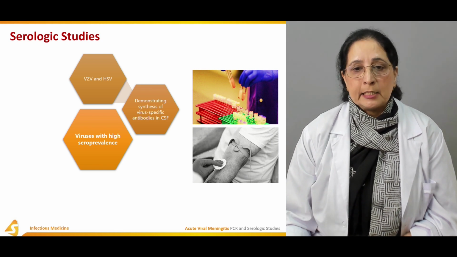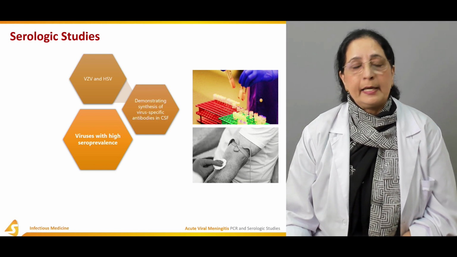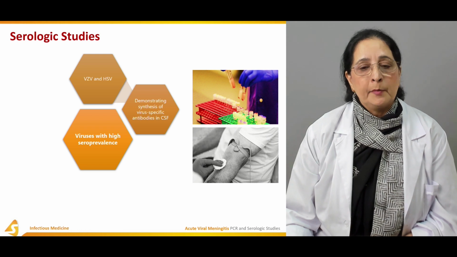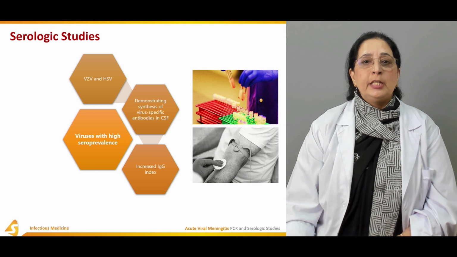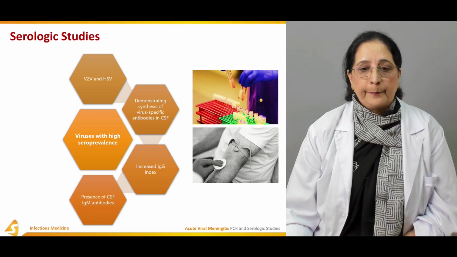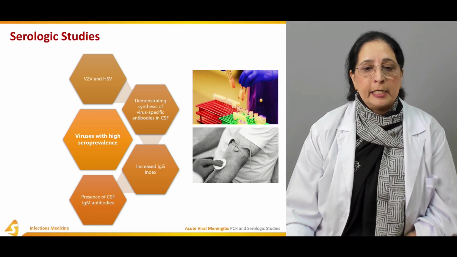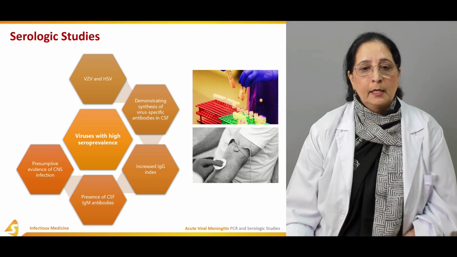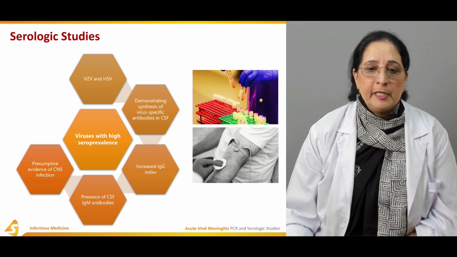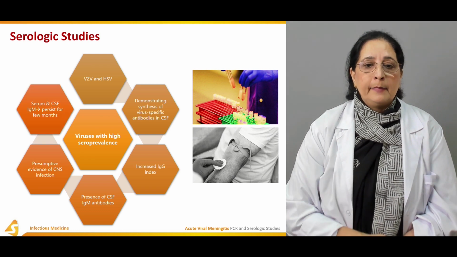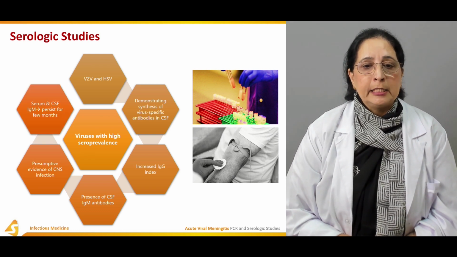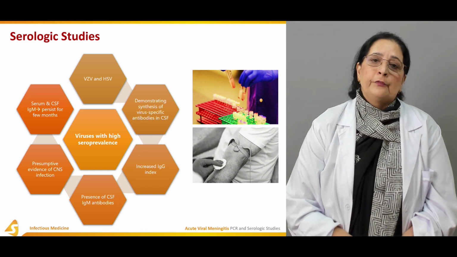Demonstrating synthesis of virus-specific antibodies in cerebrospinal fluid, increased IgG index, presence of IgM antibodies: presumptive evidence of central nervous system infection. Serum and CSF IgM persist for a few months.